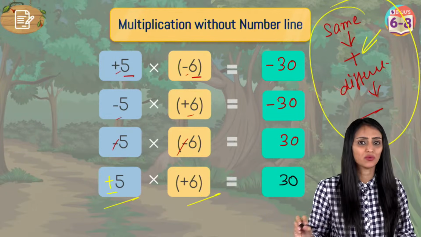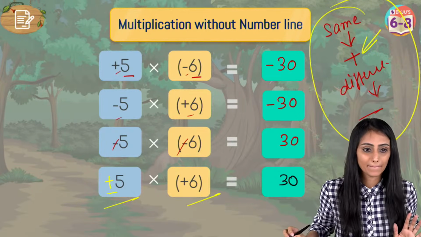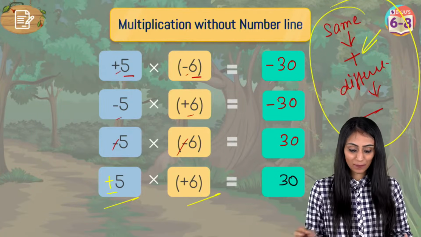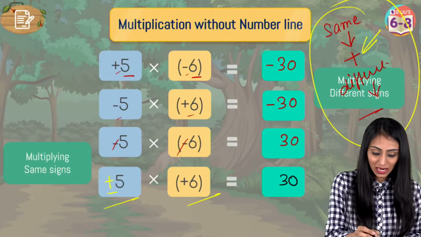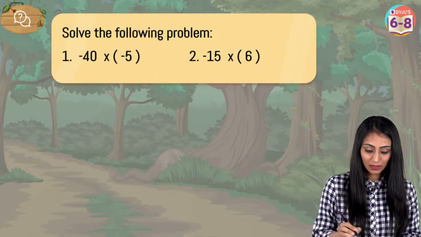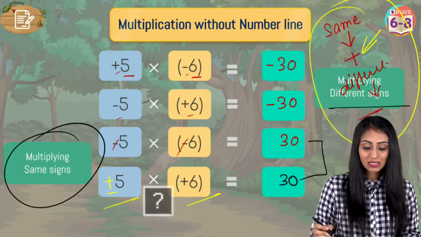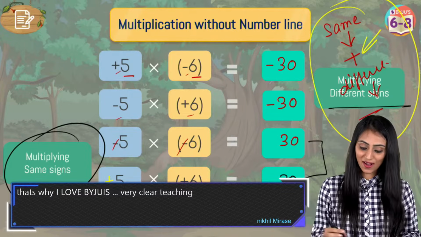No need to write plus over here. Clear? So what is the crux here? Crux is multiplying same signs. When we multiply same signs, we get a positive result. When we multiply different signs, we get a negative result. Yes? Alright, let's move ahead.